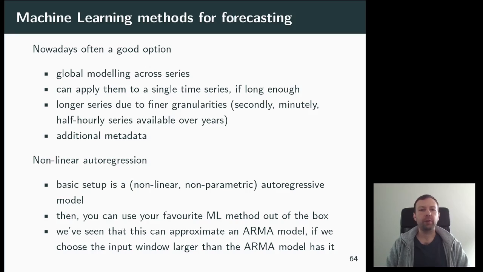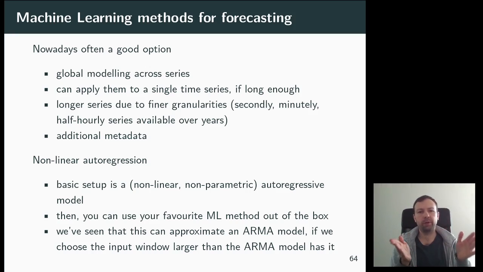And very often we would also have additional metadata available, and obviously machine learning models can be very flexible to learn across this metadata. So the usual setup to train a machine learning model is basically just a nonlinear, non-parametric autoregressive model, which basically means you just take a window.